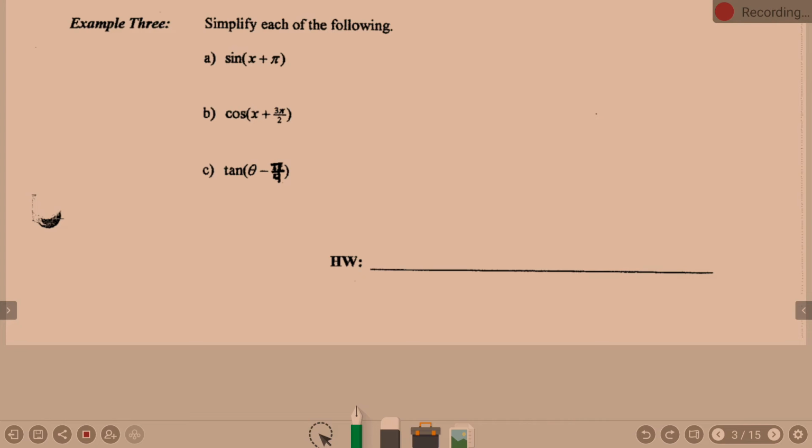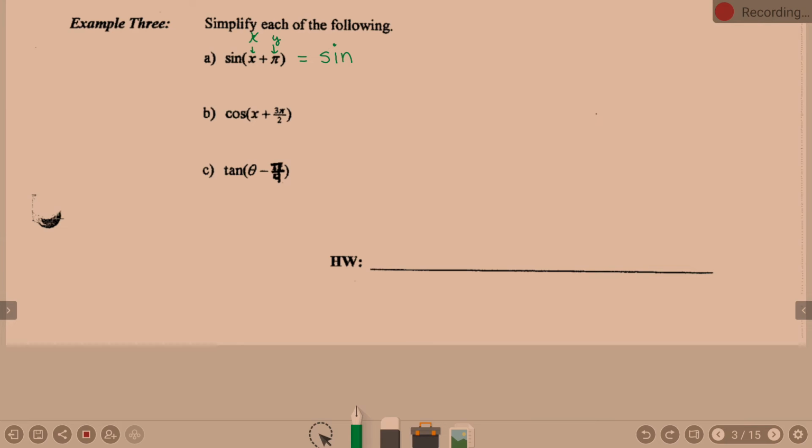So this is sine of a sum, yes? How do I write this out based on the identity at the top of the paper? It's already sine of x plus pi. How do we rewrite it with our identity? Sine x times cosine y. Every time you see an x, we're going to put an x. Every time we see a y, what am I going to replace it with? Pi.